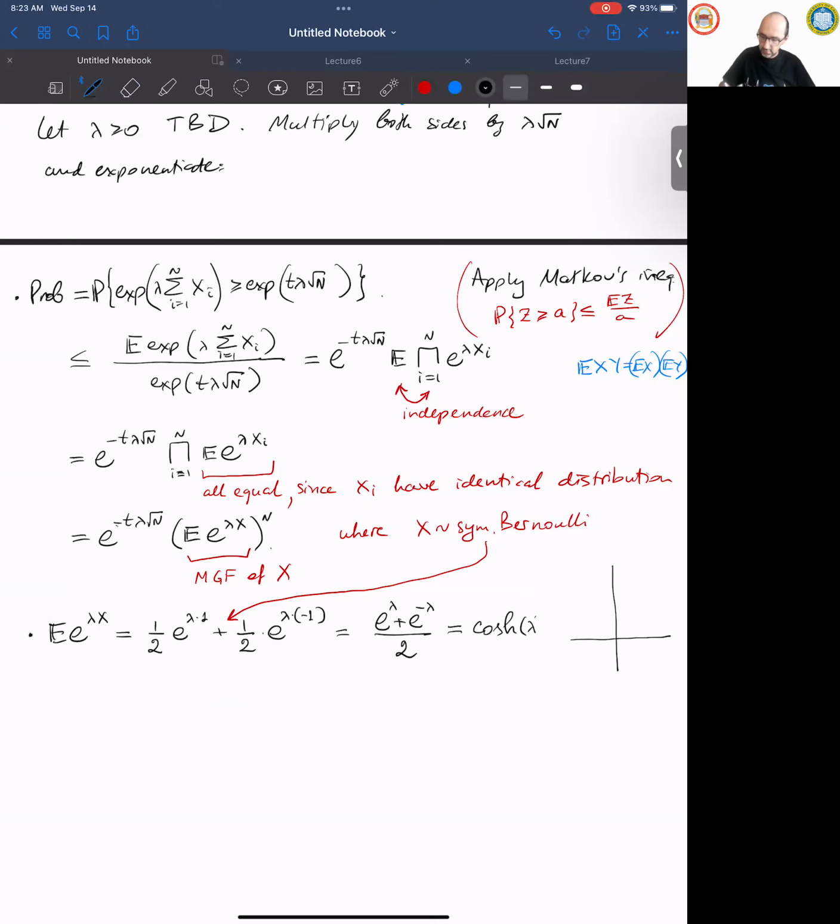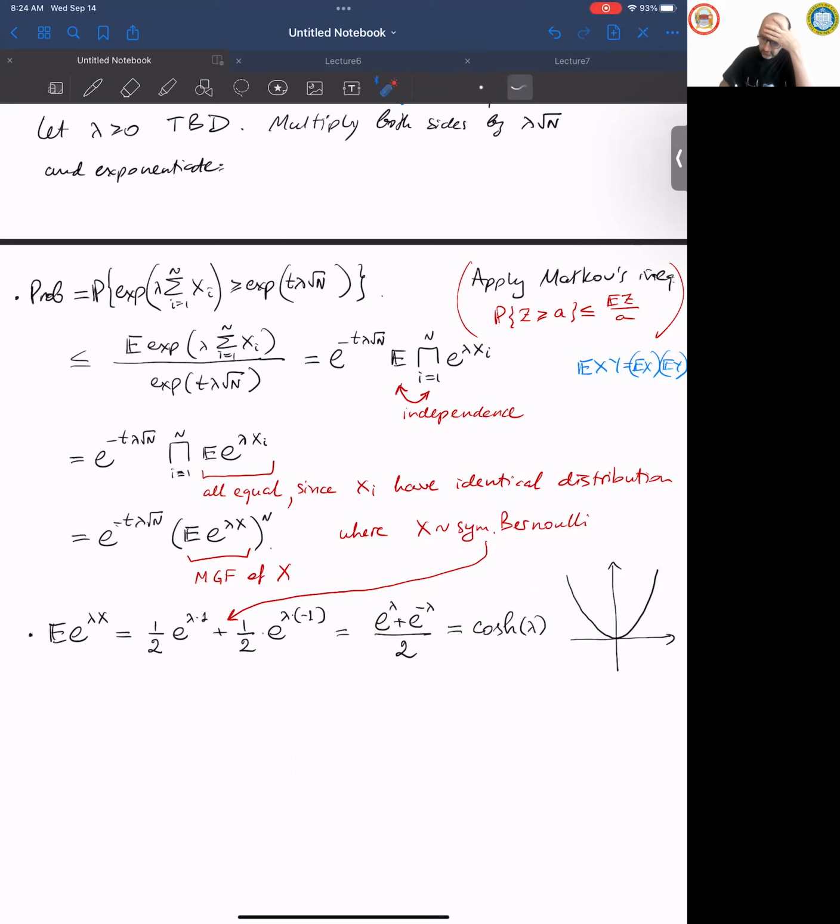Thank you. Hyperbolic cosine looks like this. It's e to the lambda, e to the minus lambda. It's like a parabola, but with exponentially fast growth of the branches. Okay.